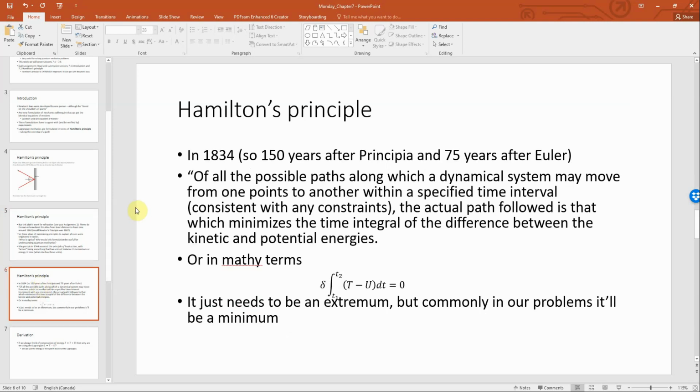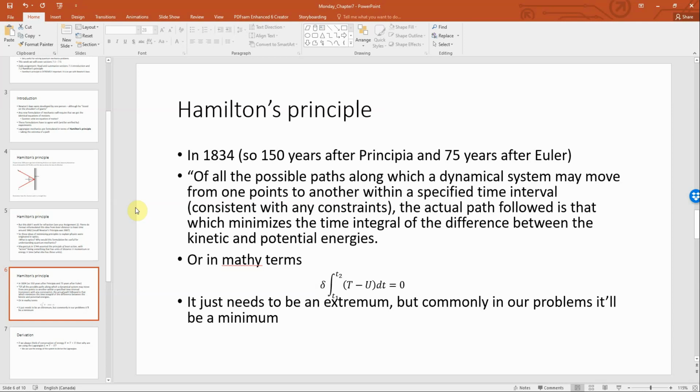Okay, so furthermore, in this historical context, Hamilton's principle. Hamilton in the early 1800s, about 150 years after Principia, and about 75 years after Euler formulated his equation, we were dealing with Euler's equation last week, he came up with this statement.